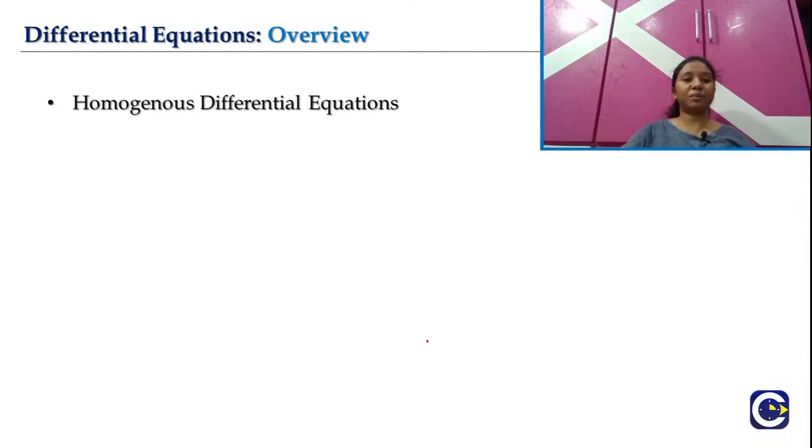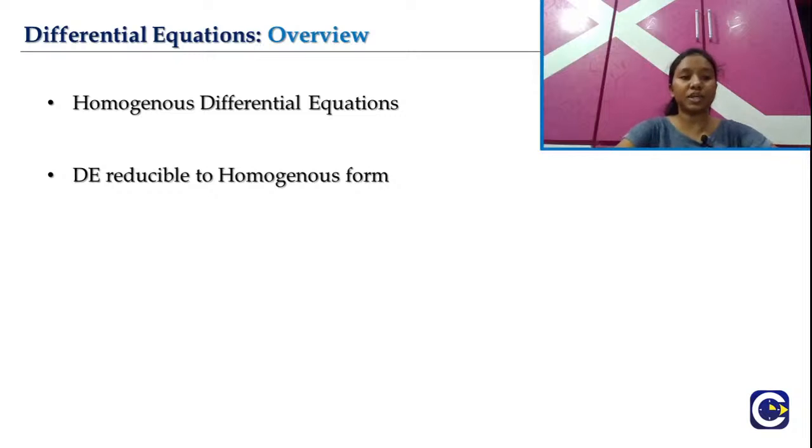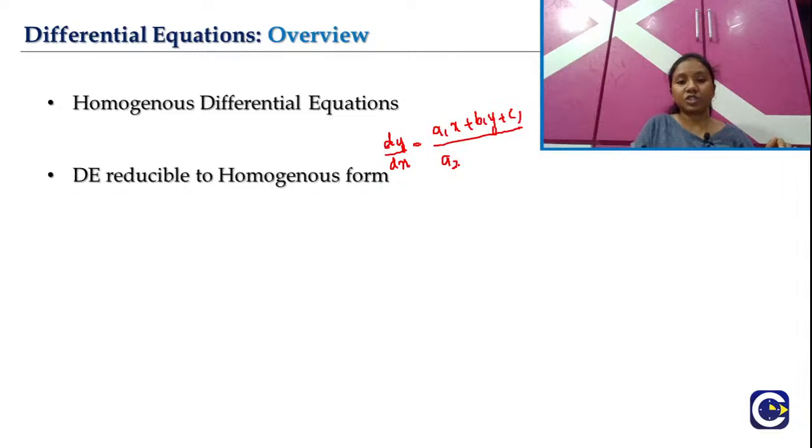In our previous sessions, we have discussed the homogeneous differential equation, and we have seen how to typically solve it. And if there is an equation in the format dy by dx equal to (a1x plus b1y plus c1) divided by (a2x plus b2y plus c2), we have seen how to reduce this form of differential equation into the homogeneous form.